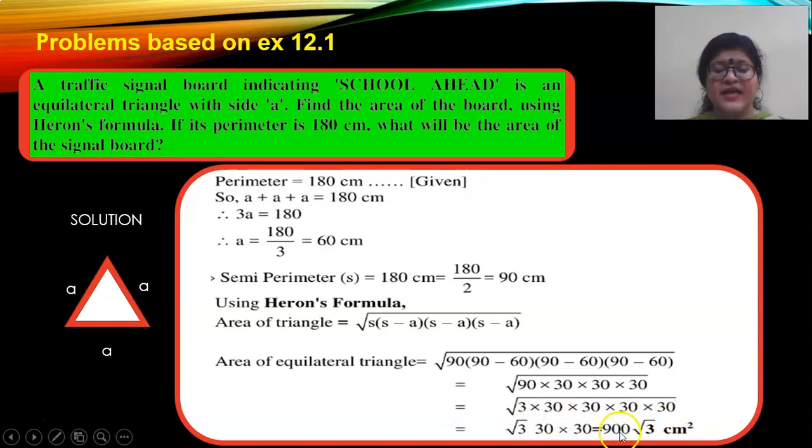So the answer is 900 root 3. 900 root 3 is the area of this equilateral triangle if the perimeter is 180 centimeters. So in this slide, you notice that we have used Heron's formula because the perimeter is known. We found out s and then we found out the area of the equilateral triangle. Okay, 900 root 3 centimeters.